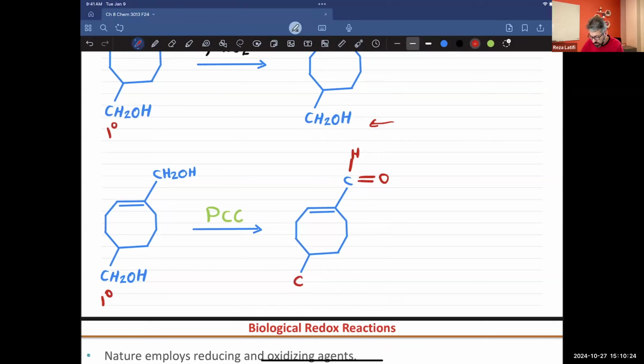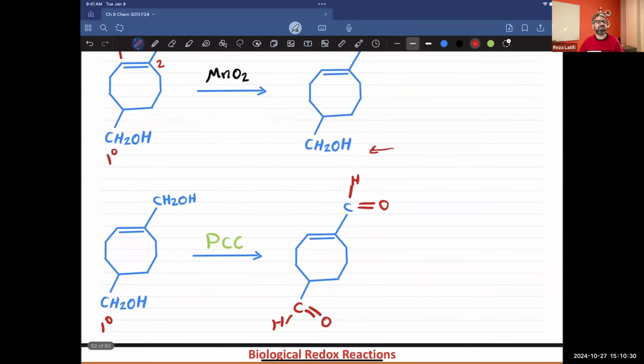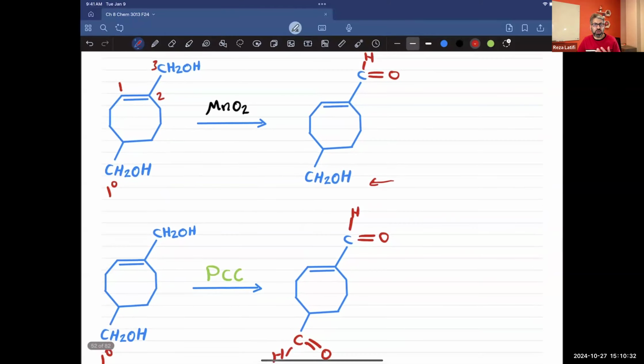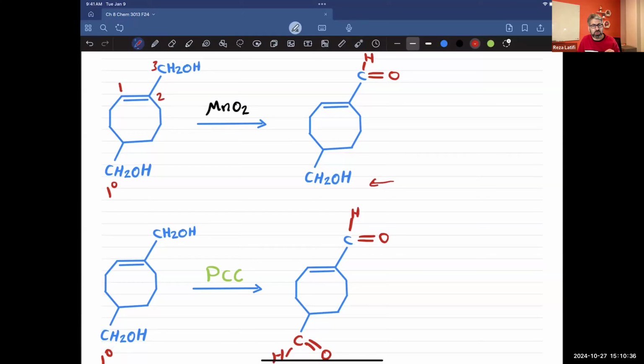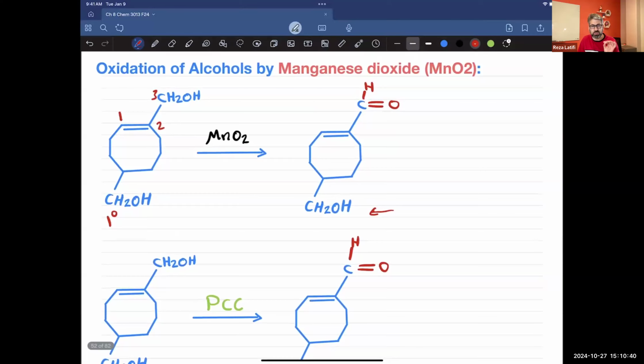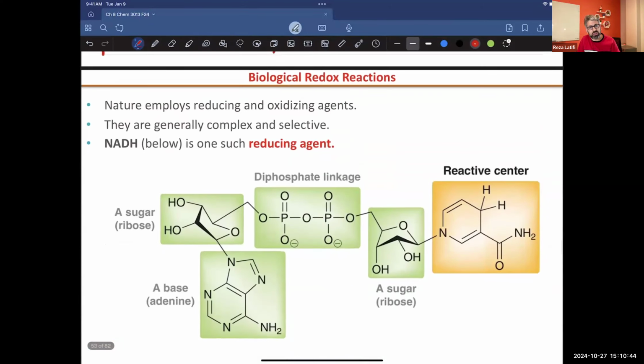The primary alcohol will turn to aldehyde. So PCC has no selectivity, while MnO2 or manganese dioxide will only go after allylic alcohol. Be careful about it. And that's going to be the end of this lecture, and thank you very much.